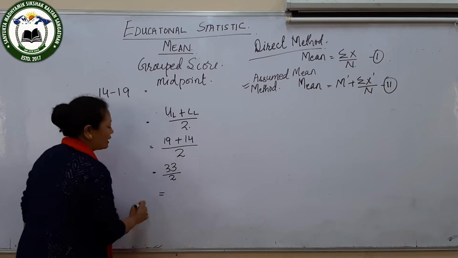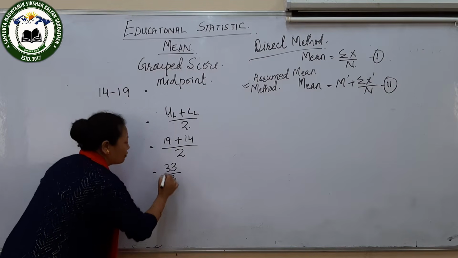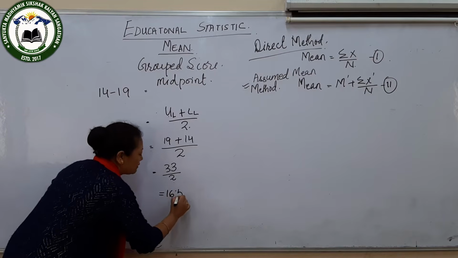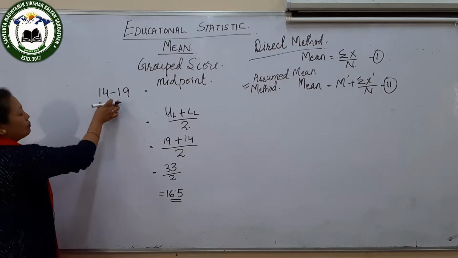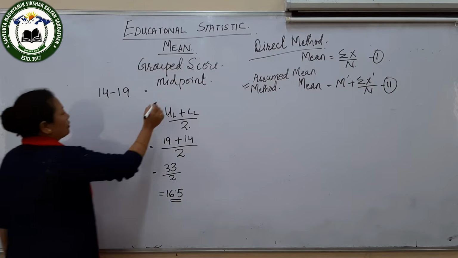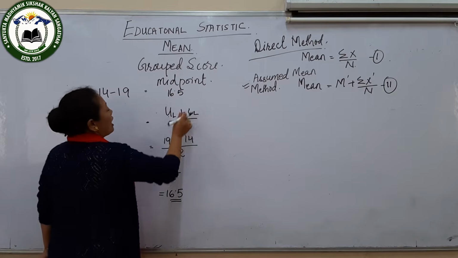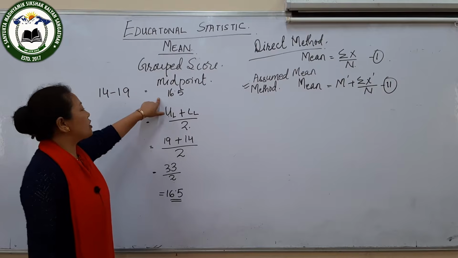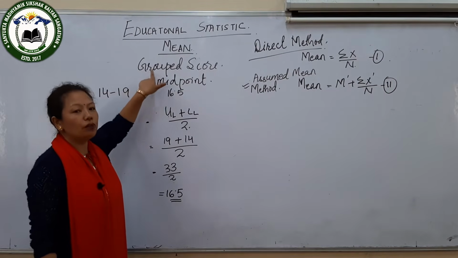So how much will we get? 33 divided by 2 is 16.5. This means the midpoint of these two numbers is 16.5, and with this midpoint we will try to find the mean of the group score.